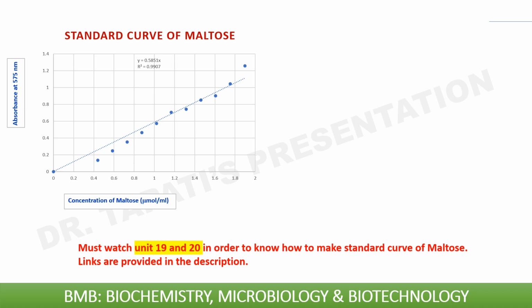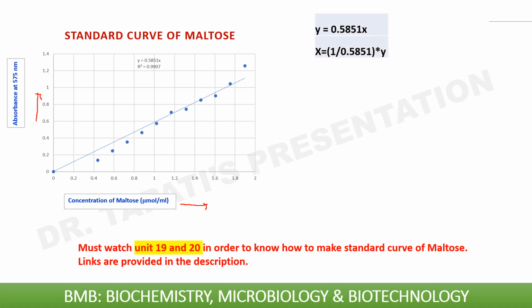Now we have to use this standard curve of maltose for the calculation of α-Amylase activity. In this standard curve, we have plotted on the x-axis the concentration of maltose in micromole per ml, and on the y-axis the absorbance at 575 nanometer.